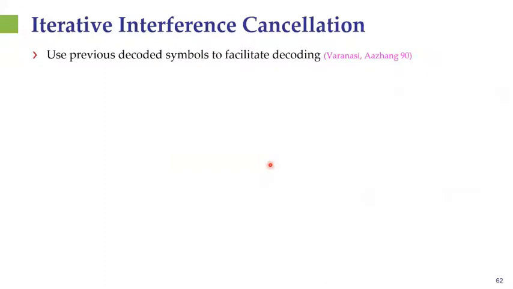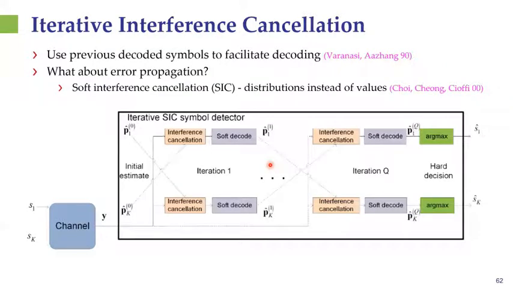Specifically, the iterative interference cancellation method is based on implementing separate decoding multiple times while utilizing the decoded symbols in the previous iteration to facilitate recovery in the current iteration. There's also the problem here of error propagation, and if we have decoded one symbol incorrectly, it may influence our ability to recover the remaining symbols, and that motivated the derivation of a soft interference cancellation method.